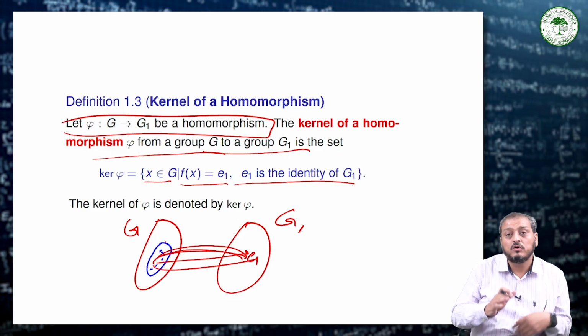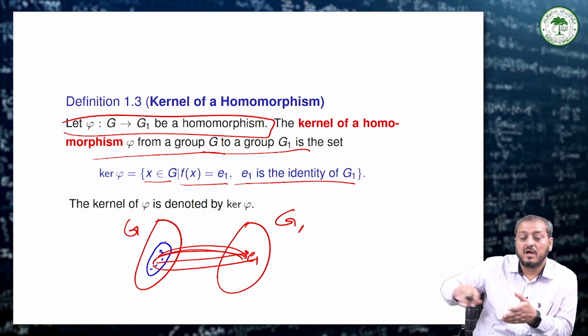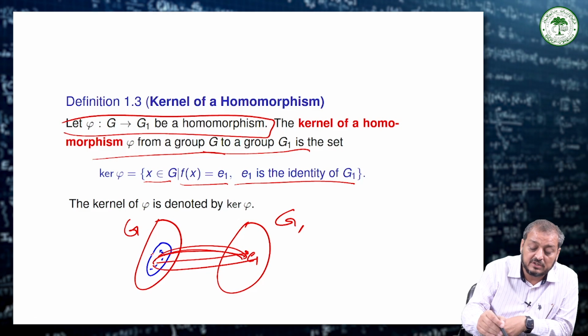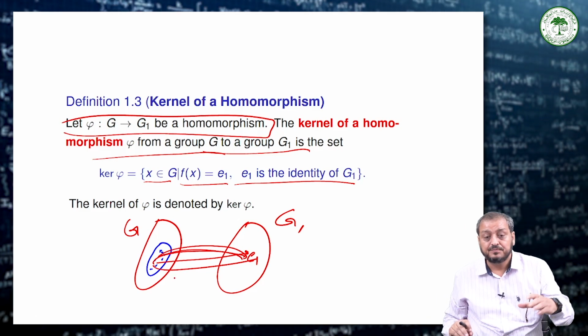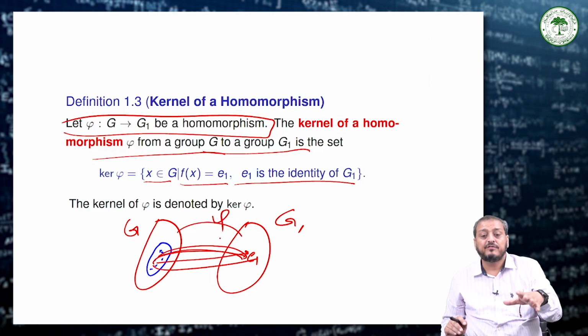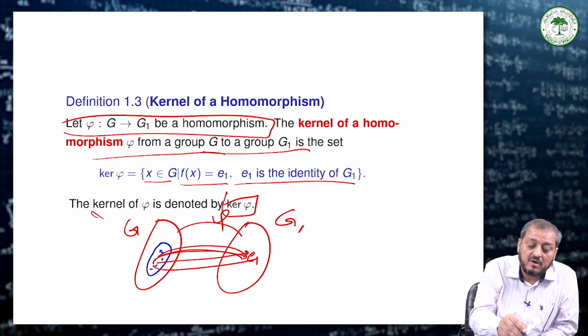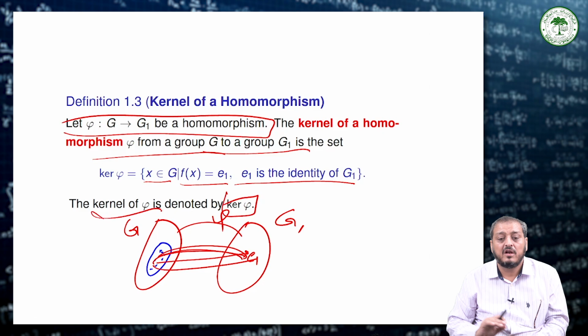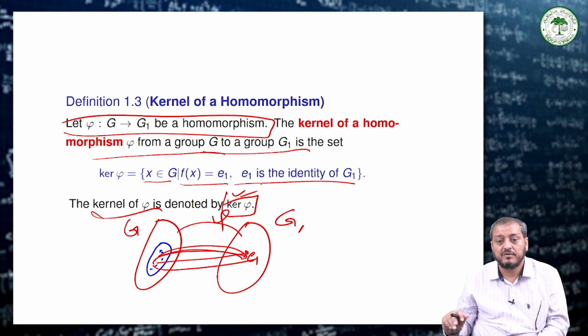Those elements which are mapped from G to E1, the collection of these is the kernel of phi. We simply denote it by Ker of phi.